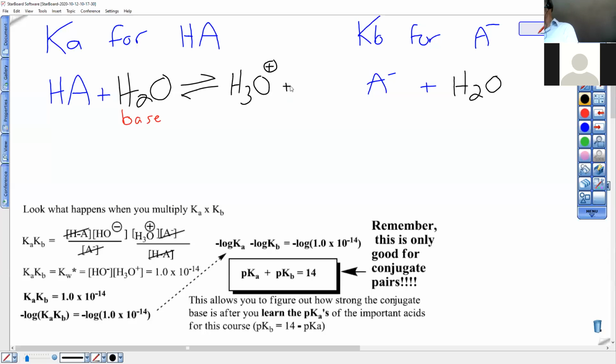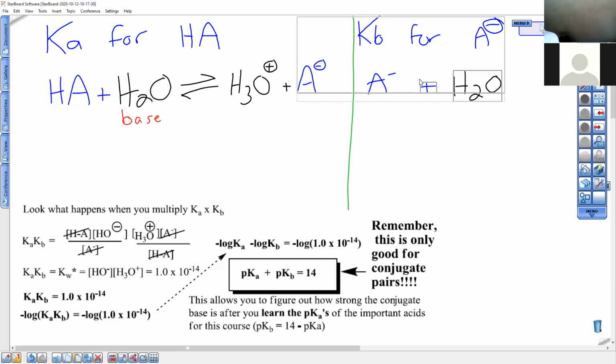Hydronium. HA will be converted to its conjugate base. Let's make sure we know these are clearly two separate discussions. A minus is going to be a base in the next one. Okay, I think they're linked. It's fine.